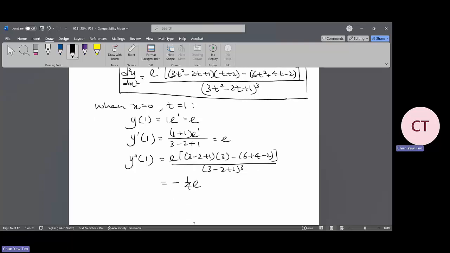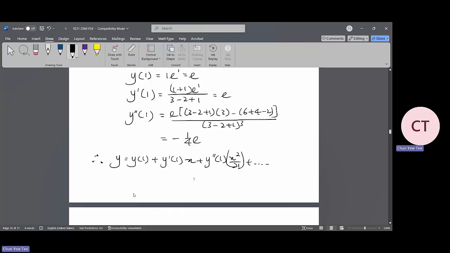Then, therefore, your function y is equal to y(0) plus y prime (0) x plus y double prime (0) x squared over 2 factorial plus dot dot dot.